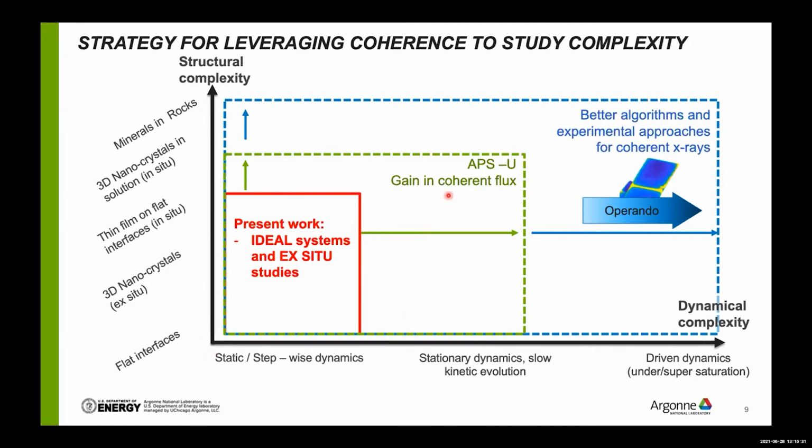And from the gain in coherent flux provided by APSU, we will already be able to observe, for instance, stationary dynamics and slow kinetic evolution at flat interfaces, and also 3D nanocrystals in contact and equilibrium with a liquid solution.